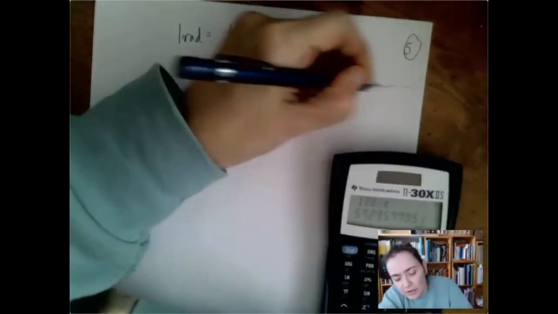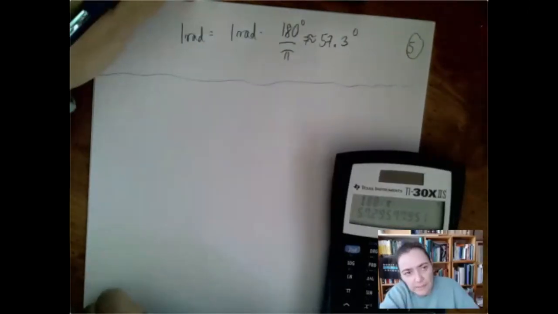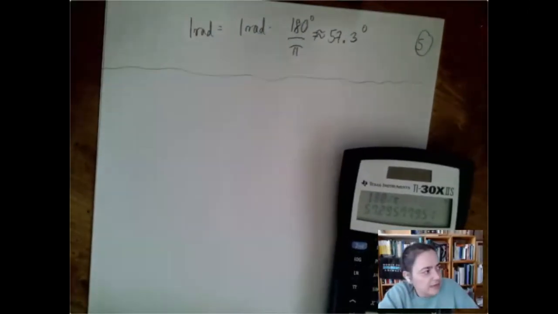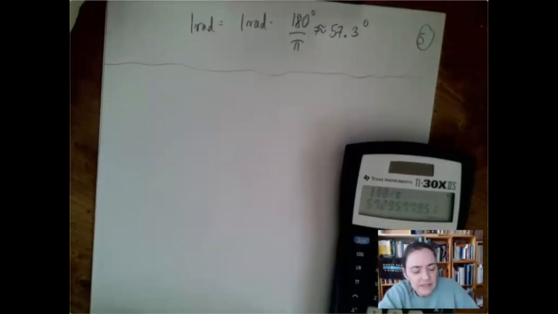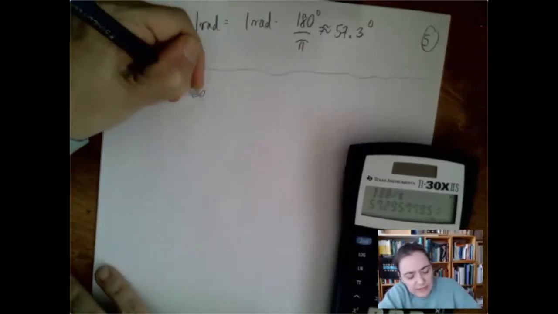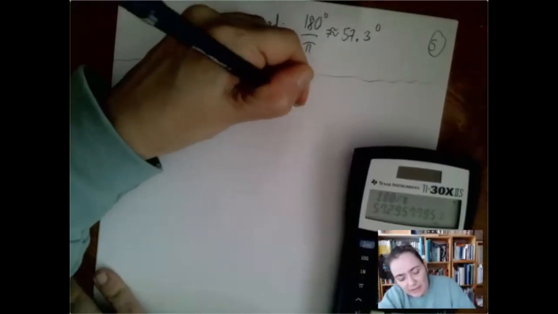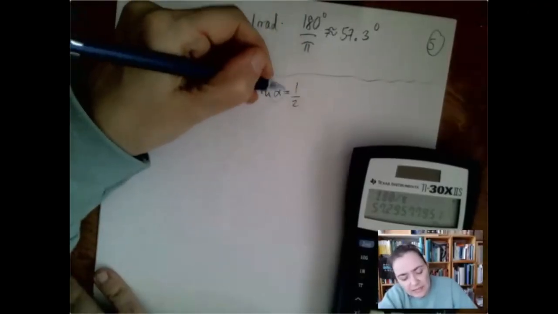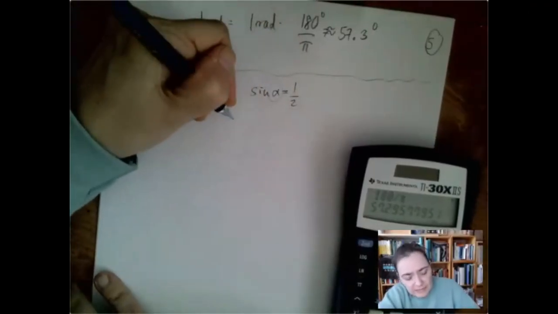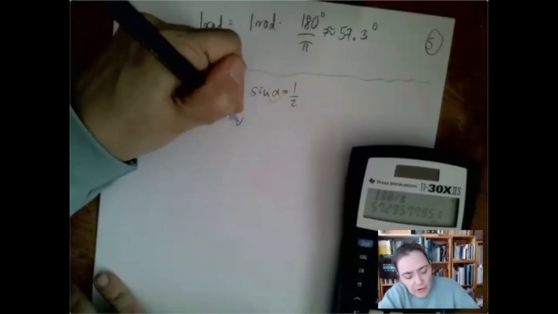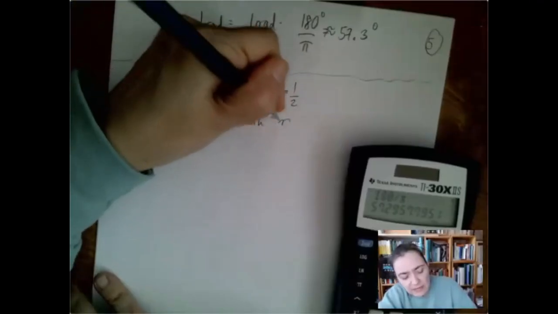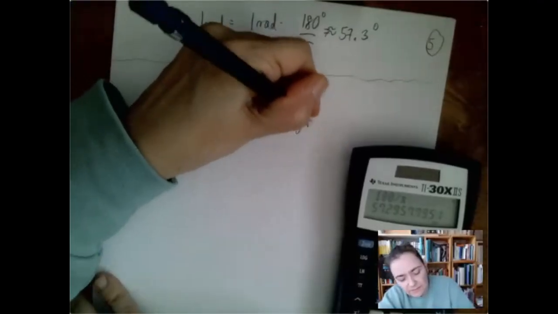Now, let me show you how I convert stuff. What you're going to need very soon is when someone says, solve this equation, sine alpha equals half. I think the fact that this is a Greek letter suggests that alpha in degrees is okay.